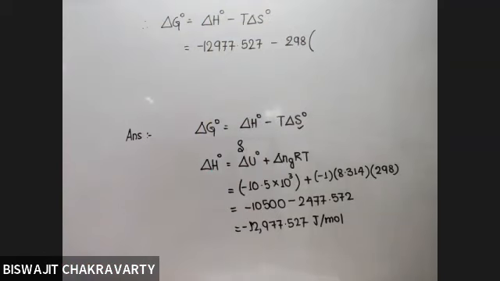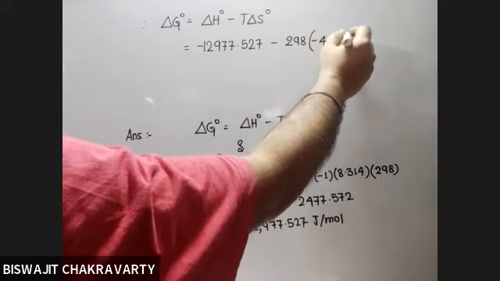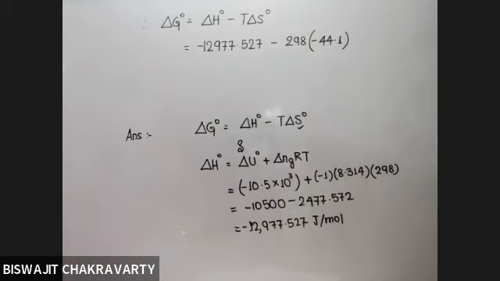And how much is delta S degree? It is given in the question. How much is the value of delta S degree given? Tell me. So minus 44.1 joules. Okay, so this is also in joules, this is also in joules.